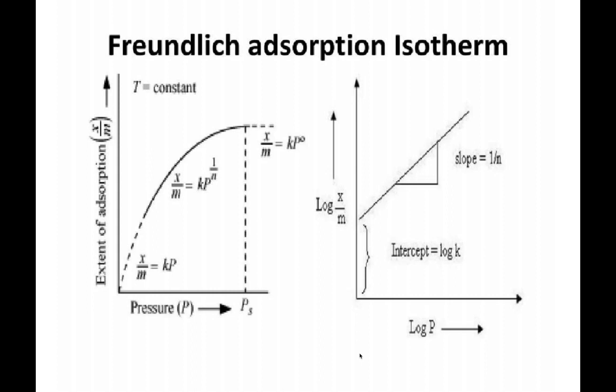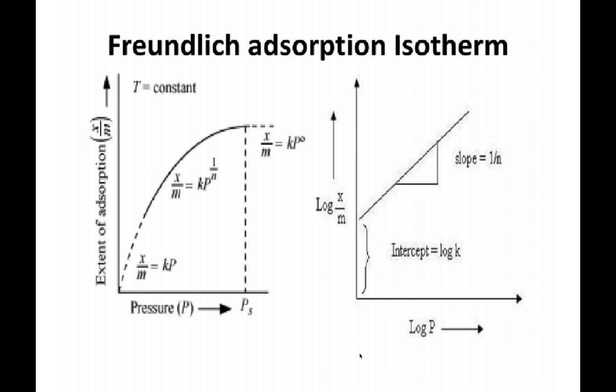Then we went through Freundlich adsorption isotherm, and we have two different graphs here. The first has pressure along the x-axis and x by m, the extent of adsorption, along the y-axis. You can see the curve here and the various values of the graph.